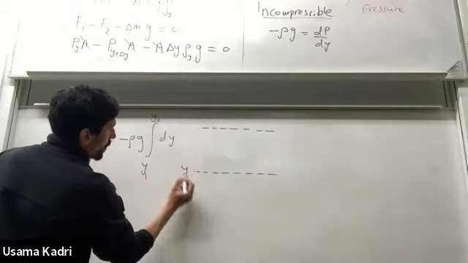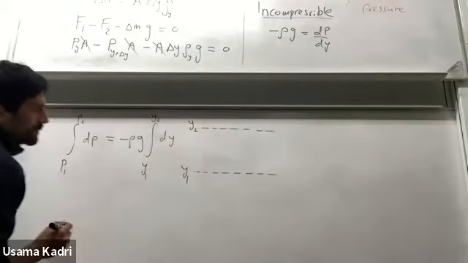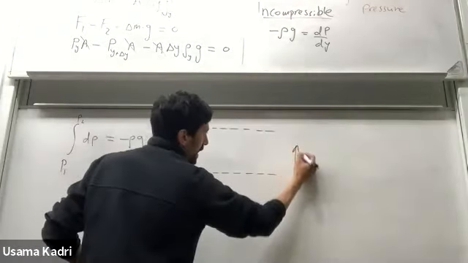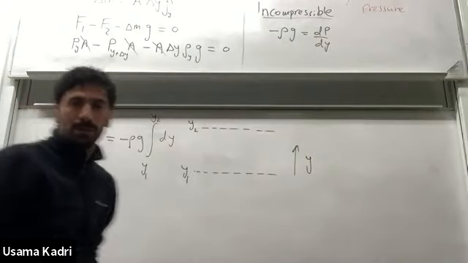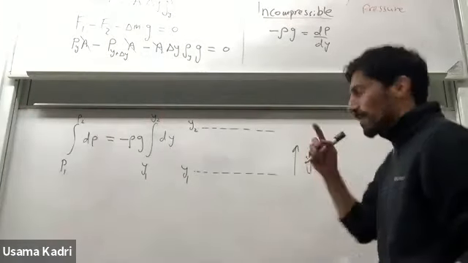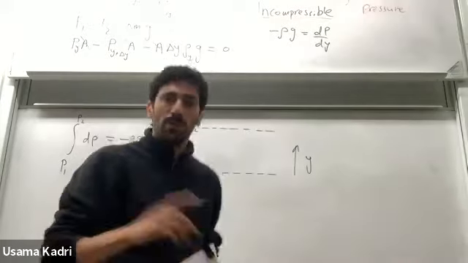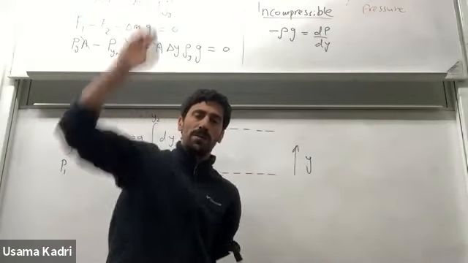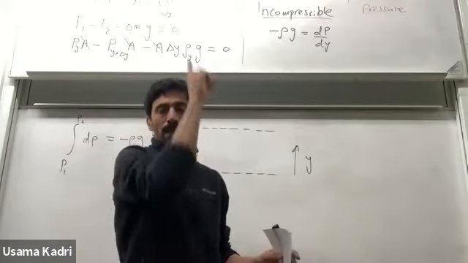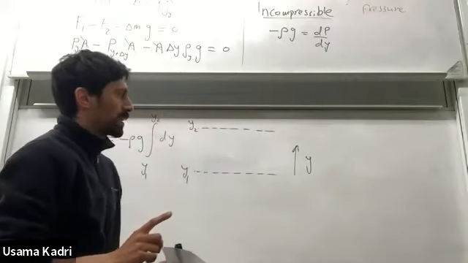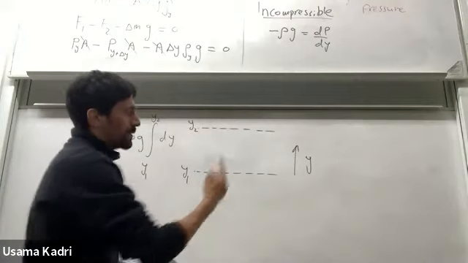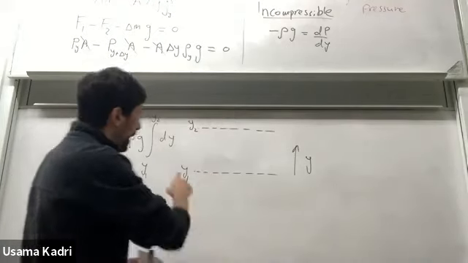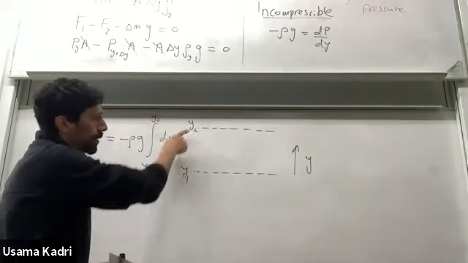So I take this as y1, and I take this as y2, and I take this as my increasing value of y. So every time you think in terms of increasing y, you're going high in the air, for example, or if you're diving, you go closer to the surface. And as you increase y, you actually go from y1 to y2.